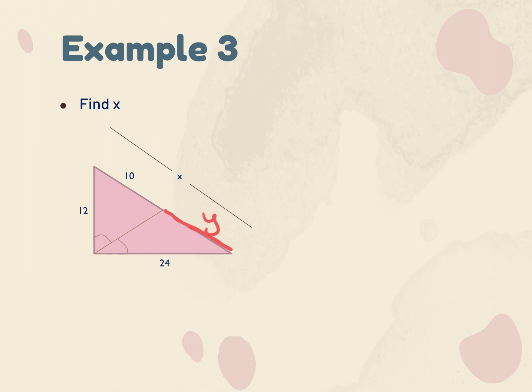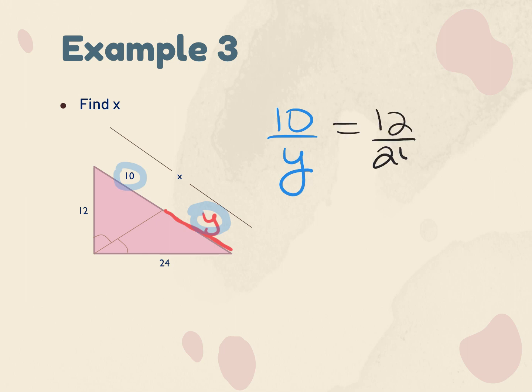So what I can do here, again, if you want to do top over bottom, we could take this side, the 10, and put it over the y. So I could do 10 over y, and then 12 over 24. Now again, instead of having to multiply 10 times 24 and divide it by 12, I highly recommend you simplify. So if we reduce the 12 over 24, that'll simplify to 1/2.